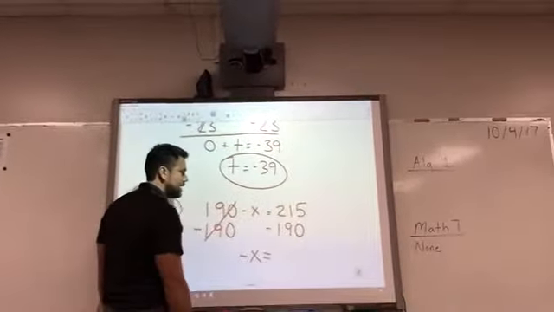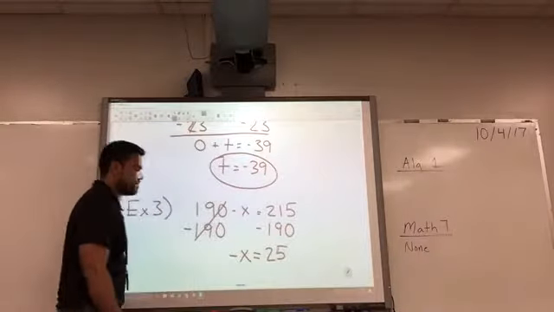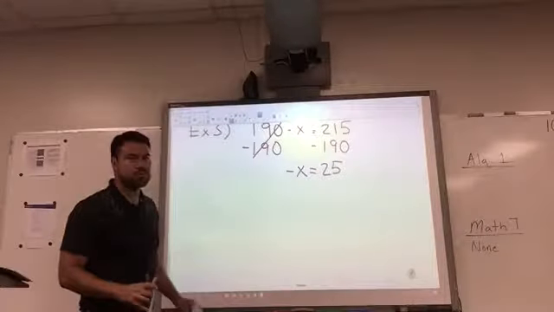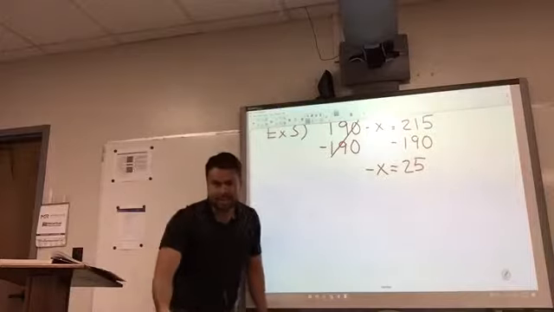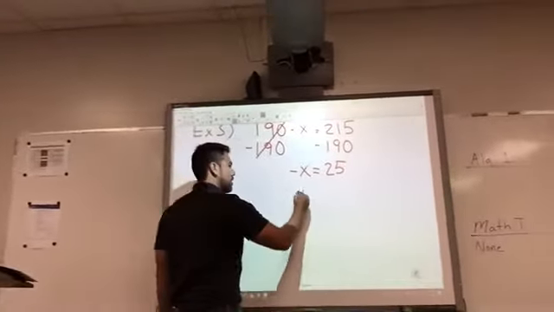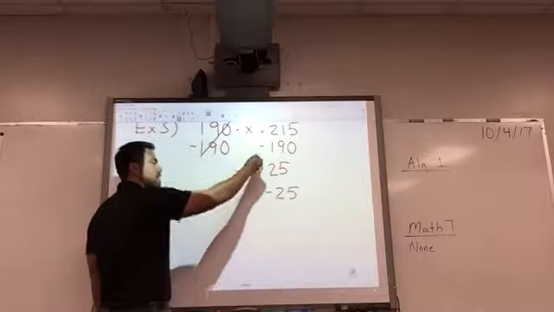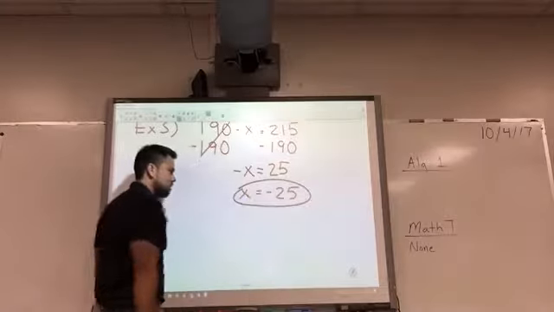And then what's 215 minus 190? I think it's 25. All right, so is that my answer? Negative x equals 25? I don't want to know what the opposite of x is. I want to know what x is. So what's x equal to? Negative 25. If the opposite of x is positive 25, x is equal to negative 25. That's my answer.